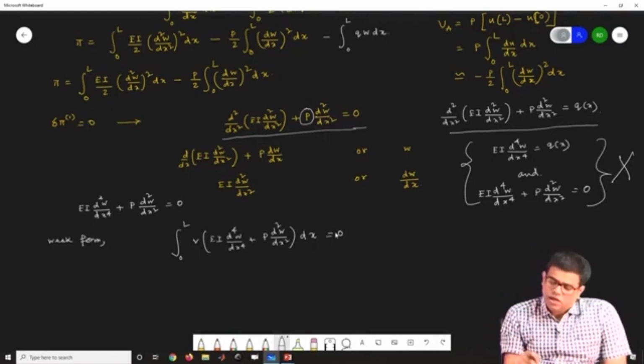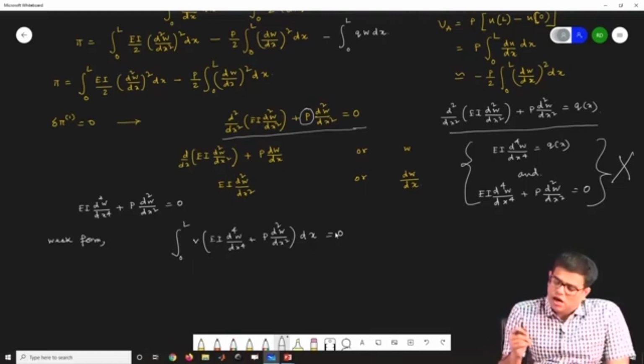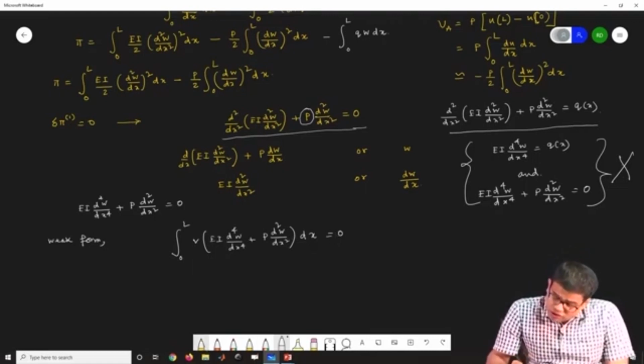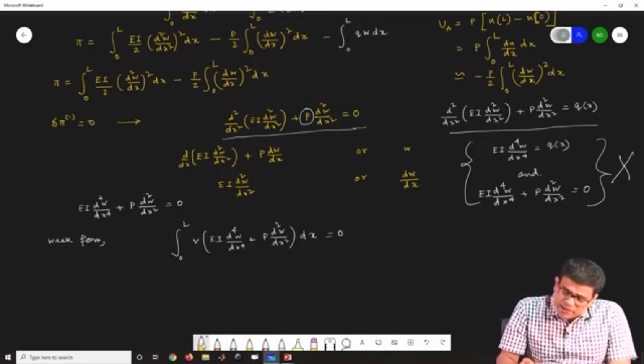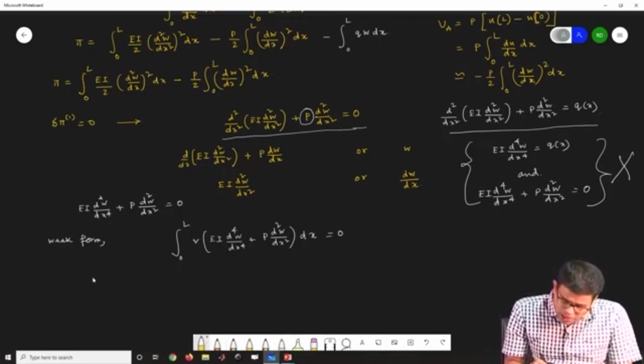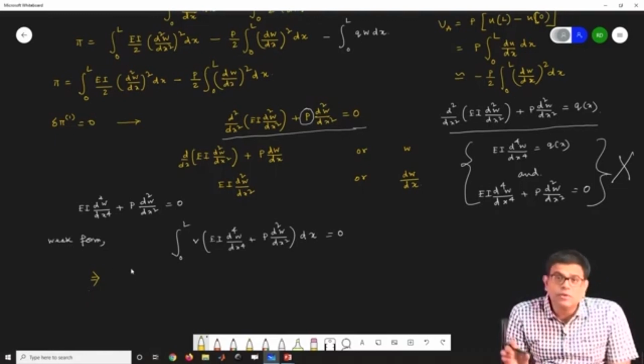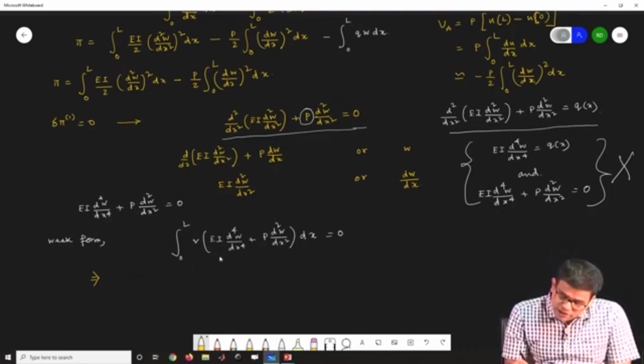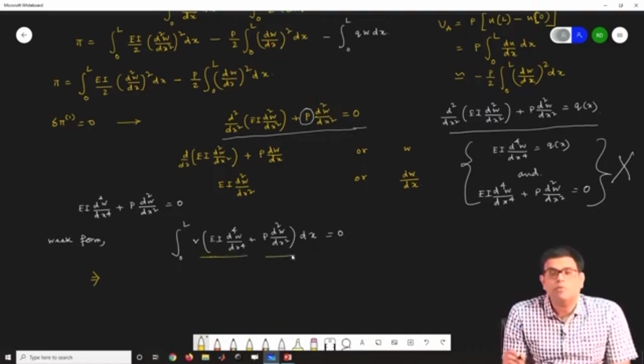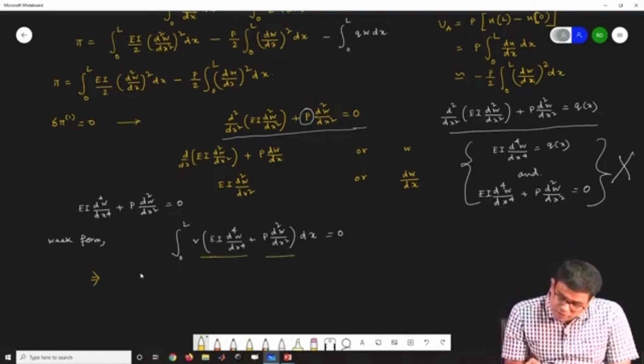That is my standard weak form. Now if I do integration by parts, I will get the stiffness matrices, and there will be an extra term coming from this P d2w dx2. This term I will do 2 times integration by parts, while this term I will do 1 time integration by parts.